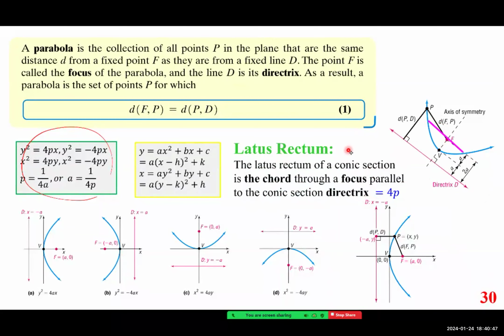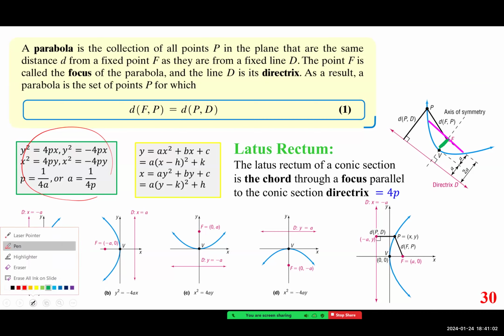Why is it equal to 4p? First, this distance is p, so is this distance, by the definition. This distance is the same as this distance, and each one is p by definition.